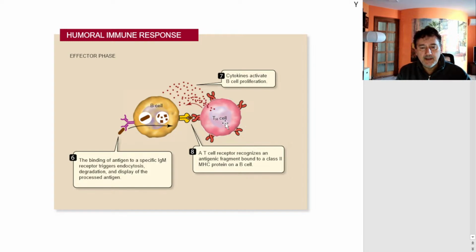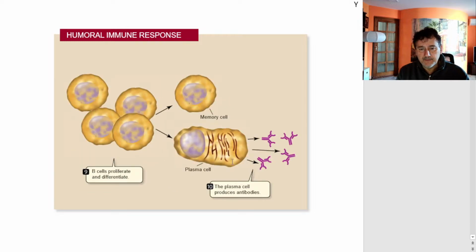Those T cells which were proliferated by recognizing the antigens on the surface of the macrophages will be in a large number and will meet the B cells, binding and producing cytokines, to be more precise, growth factors, which will lead to the proliferation of those B cells which have the right receptors. What are the right receptors? Those which recognize the invading bacterial cells. So this is also a clonal selection.